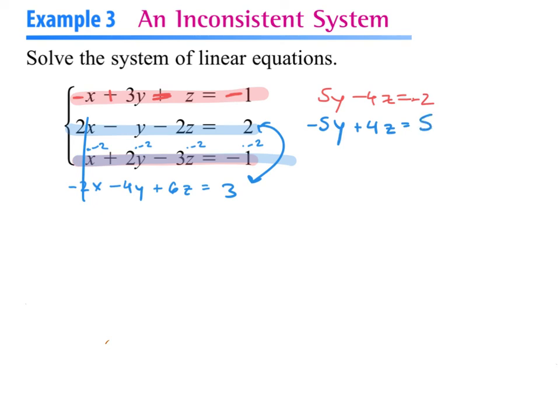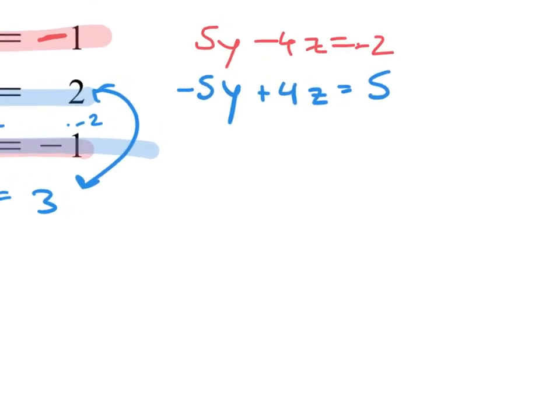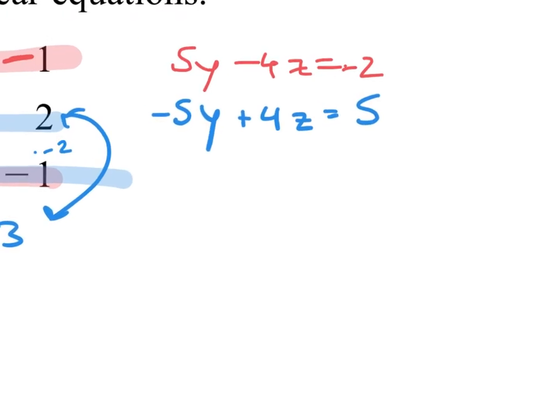So now we're working with these two equations. We want to cancel out y's first because we already have a positive 5y and a negative 5y. So they cancel. What happens to our z's? They cancel. So we're just left with 0 on the left side. Is there no solution?